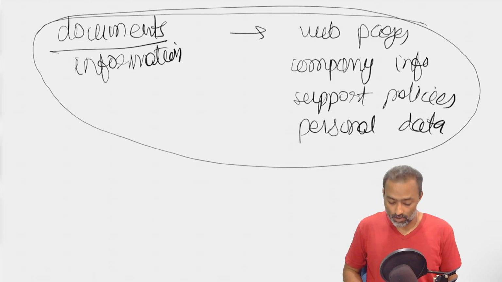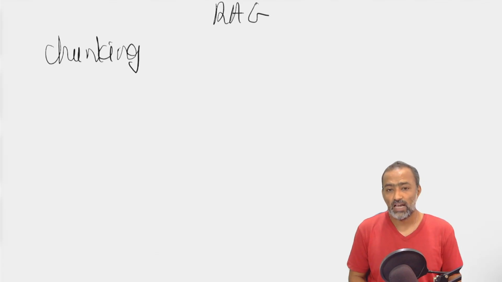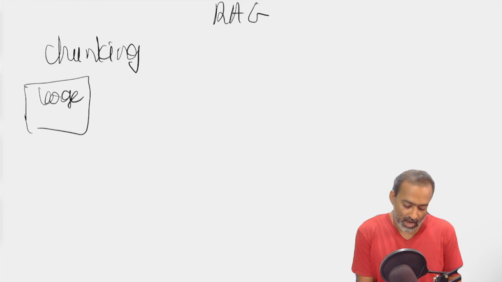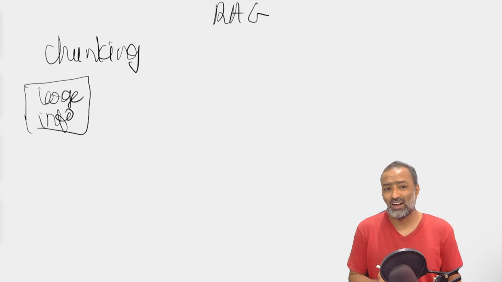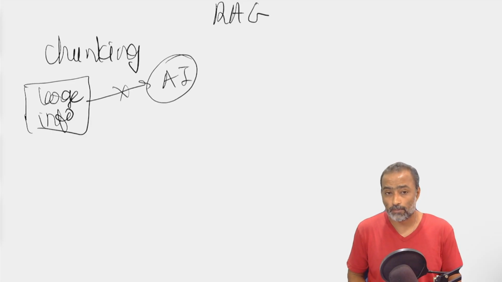Now let's understand two main components of a RAG system. First is chunking, which is an important component, because let's say you have a large document. This large document cannot be fed to AI every time it generates the answer, because that's really expensive.